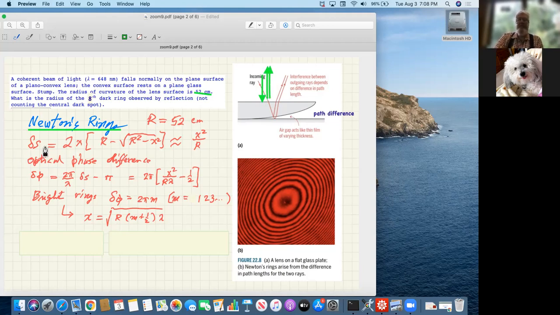So there's a path difference. And as it says in this picture, there's an air gap and there's an interference of the outgoing rays that depends on the difference in the path length.